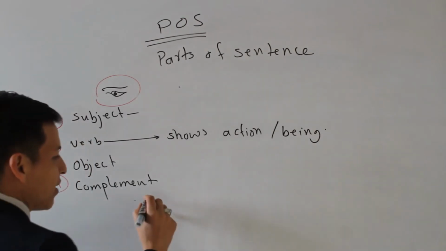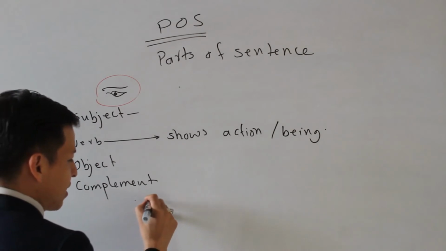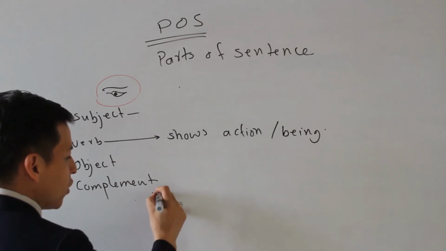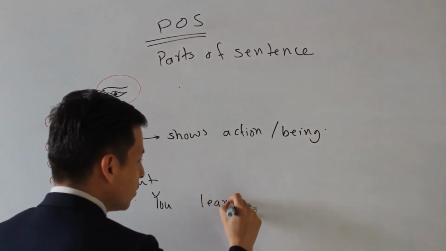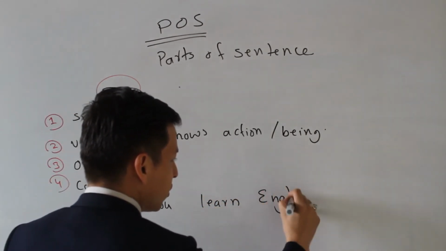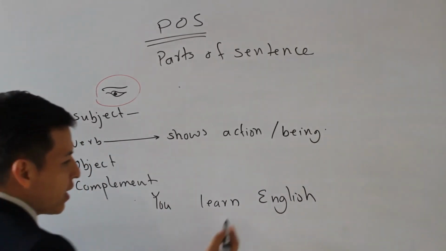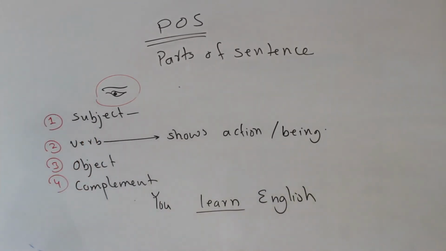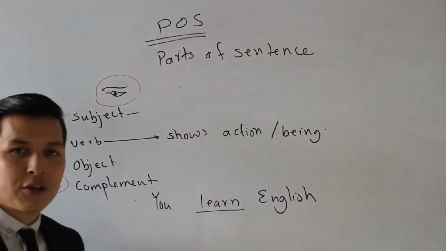For example, if I say the previous example, I'm not going to repeat that, so I say another example. I say, for example, you learn English. You learn English. In here, we see that our verb is learn. So this is an action. You learn English. So learn is a verb.